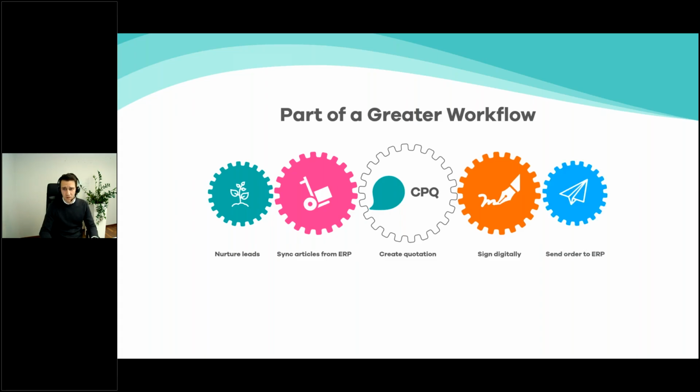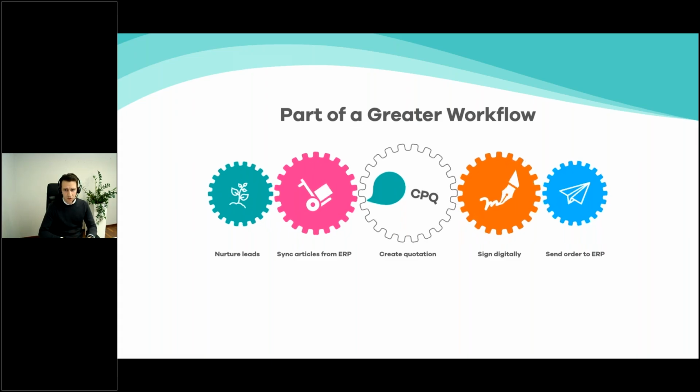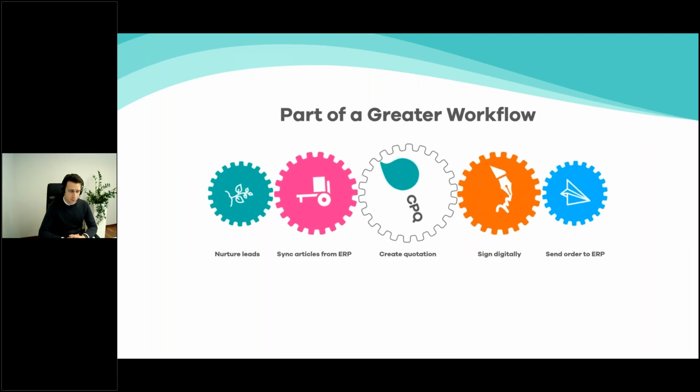And of course, finish it off with creating an order, get it sent to the ERP system automatically. Once it's booked as an invoice in the ERP system, our standard ERP integration would fetch it again into Lime, and you will be able to do such things as I did when I saw customers with a decreasing trend, for example. So it's really part of a greater workflow, and all these parts work very nicely together.